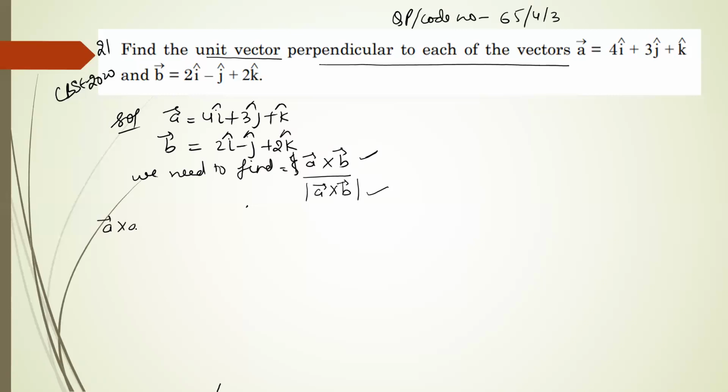First, what is vector A cross vector B? i cap, j cap, k cap; 4, 3, 1; 2, minus 1, 2.